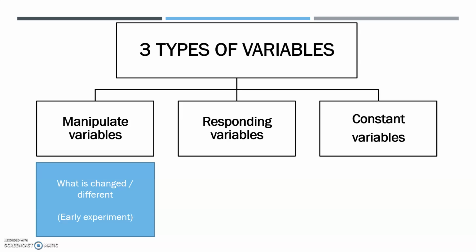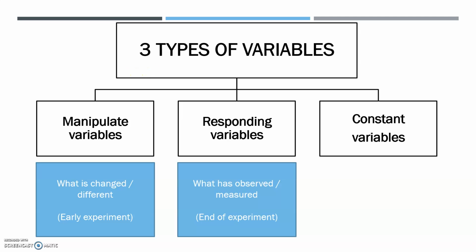That one is different in terms of size. So dia punya manipulated variable dia ialah size of sponge. Itu adalah manipulated variable. Itu adalah different dia, size dia.